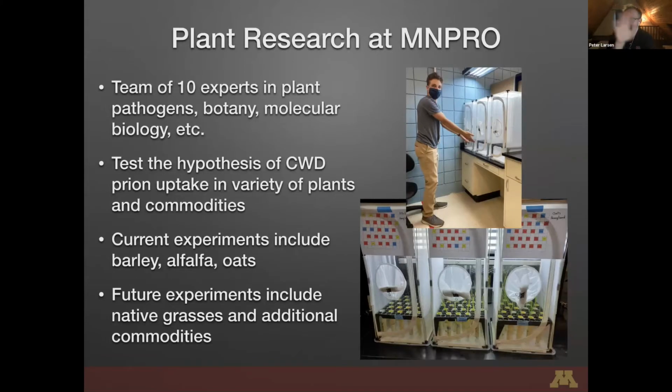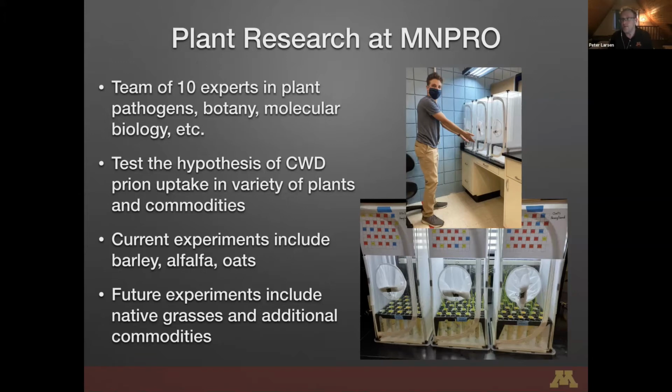Because of that, and there's a lot that we don't understand yet about how plants are taking in these, potentially incorporating these prions and depositing them in their leaves, like different species. Think about soybeans versus grasses and native grasses. And so what we've done in our MinPro lab is we've assembled this fantastic team of about 10 experts, multidisciplinary, and we secured some funding to start some experiments looking at CWD prion uptake in a variety of plants and commodities.